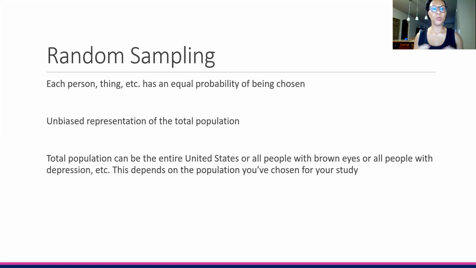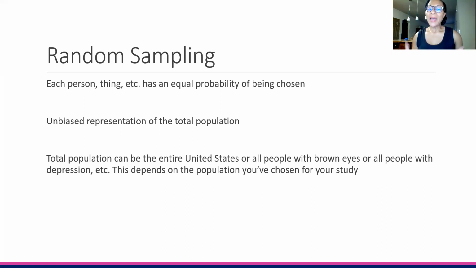You've randomly sampled the entire population of the United States. And as a result of that, you can then generalize your results to the entirety of the United States. So let's say that folks preferred vanilla ice cream over chocolate ice cream. Then you could say, for the most part, that the individuals in the United States prefer vanilla ice cream over chocolate ice cream.